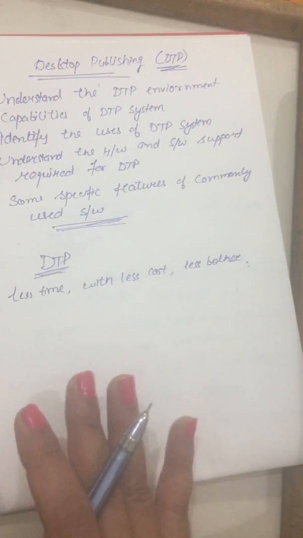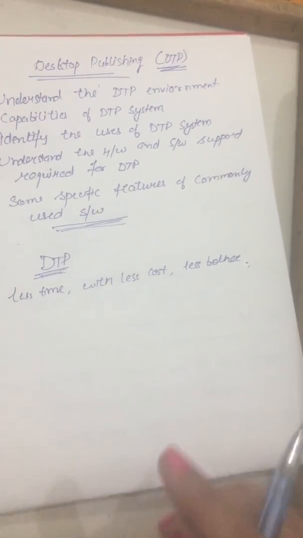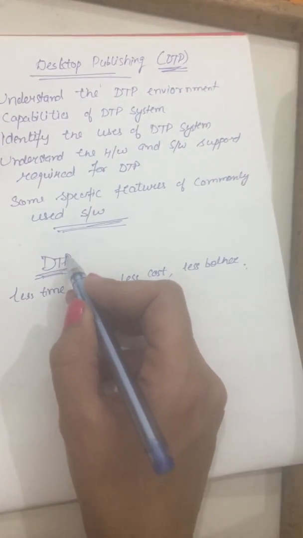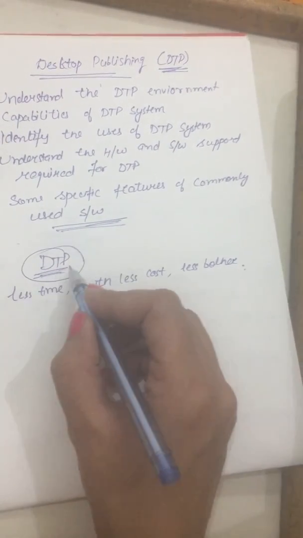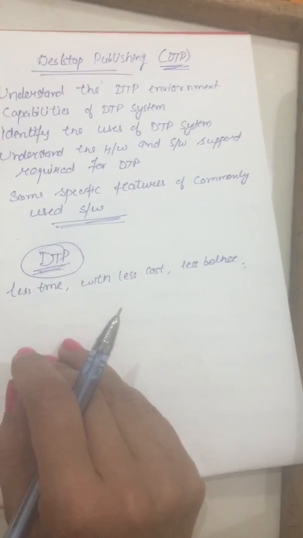But in the case of DTP printing, we have only one software used for the complete work, like editing, formatting, creating, coloring, everything done under one roof. That is called the desktop, and that is called the desktop environment. Now you understand what the desktop environment is.